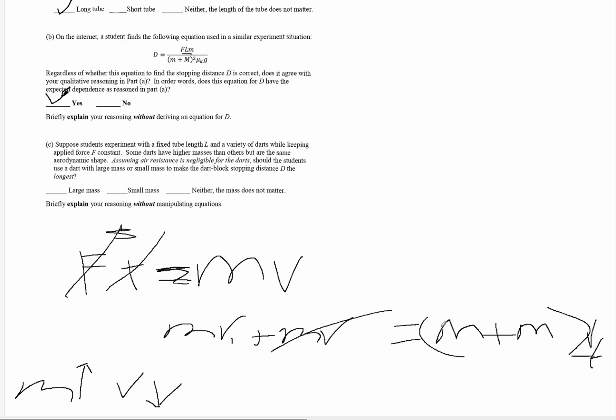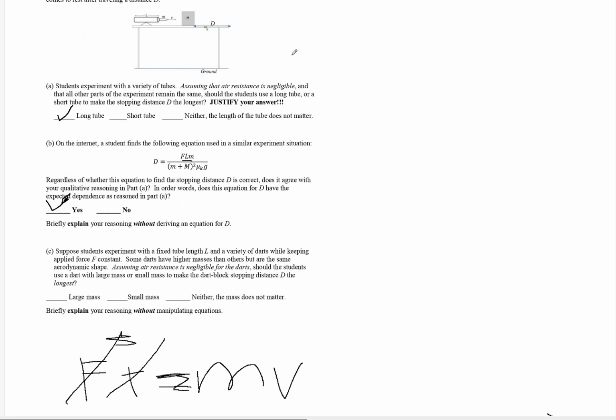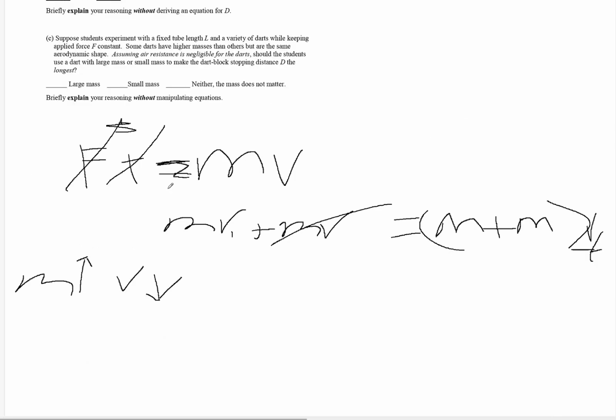So the higher the velocity, the higher the momentum. And since they have an inverse relationship, a smaller mass will cause a higher velocity, and a higher velocity will lead to a higher momentum, which will affect the stopping distance.